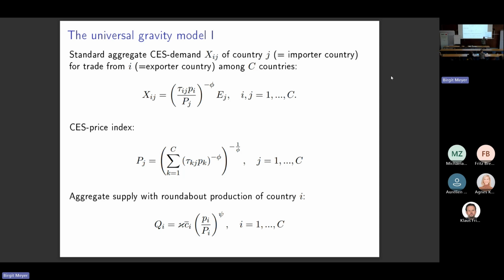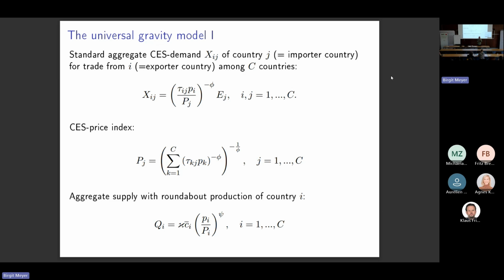Now you might wonder why we have the price index up here, and this is the trick they do, or to make it a little bit more general. They assume that all variants that are imported are also used as intermediates in the same way. Okay? And then the average price of the intermediates is reflected by the price index, because that's the intermediate thing.